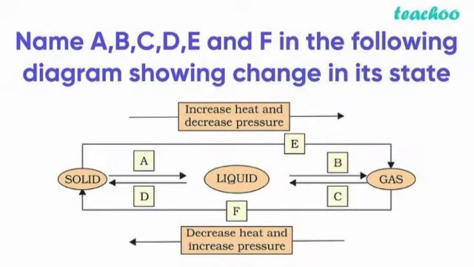Now, let's take a look at this diagram and name A, B, C, D, E, and F showing the change in state. A indicates heating, B indicates heating, C indicates cooling, D indicates cooling, E indicates sublimation, and F indicates sublimation.